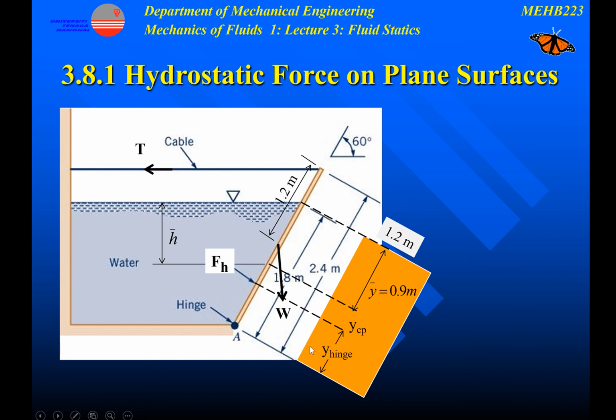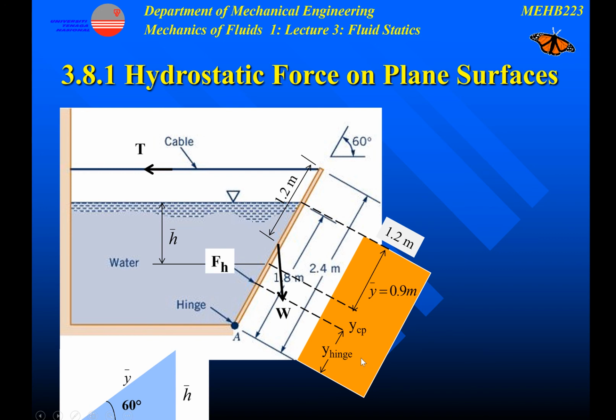Normally we need to find the perpendicular distance from the force to the hinge, because when we take moment, we take force times perpendicular distance. This perpendicular distance I call y hinge, because I refer to the hinge. You can call it any name; there is no specific name or formula, so you have to refer to your diagram.